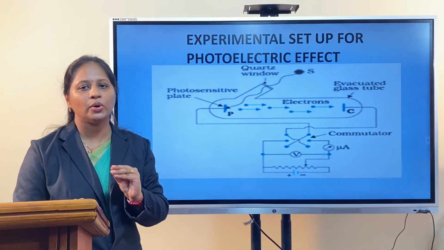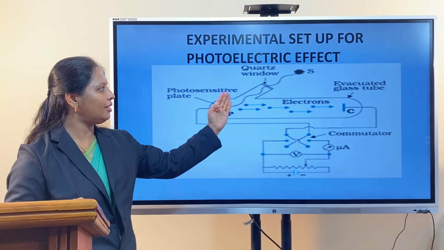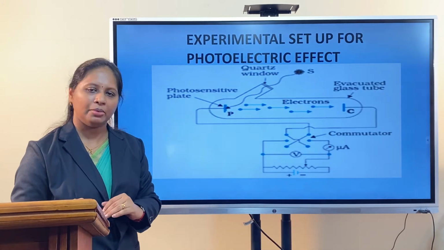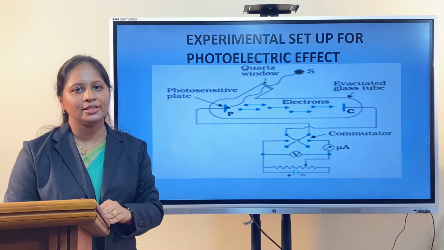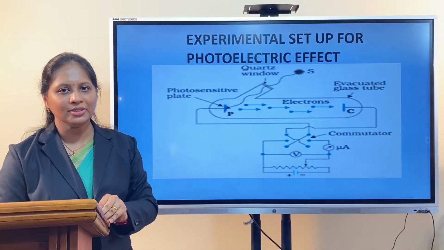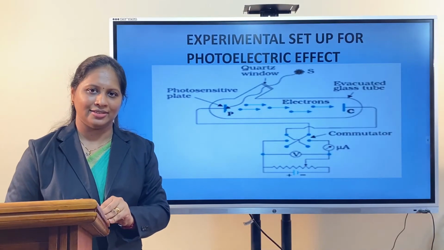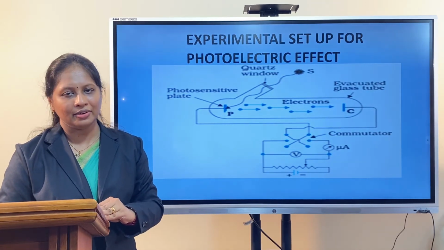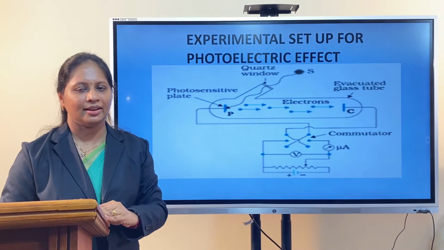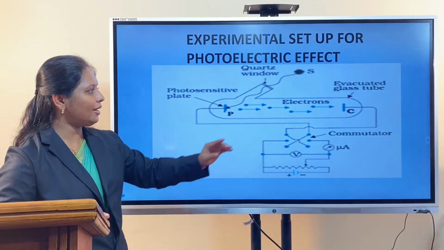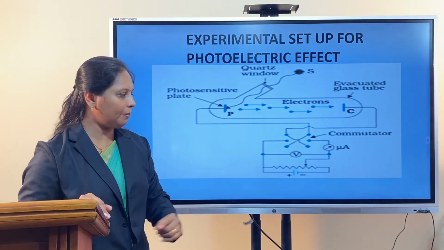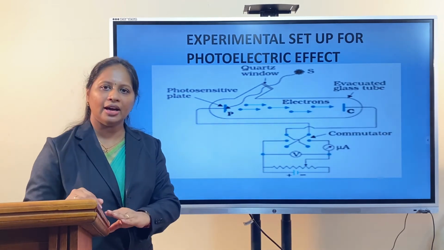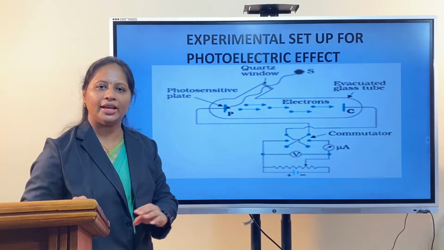By bringing the source towards or away from the emitter plate. The intensity can be varied. And how can you change the frequency of light? We use lights of different colors. Green has a particular frequency, yellow has another frequency, red has another frequency, like that. And we can vary the collector potential by the potential divider arrangement as well as the commutator key.